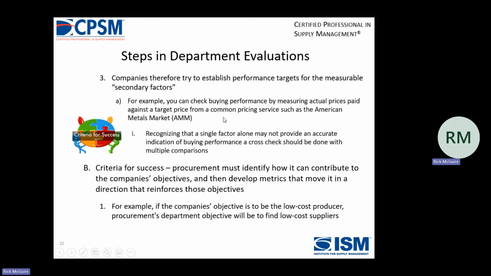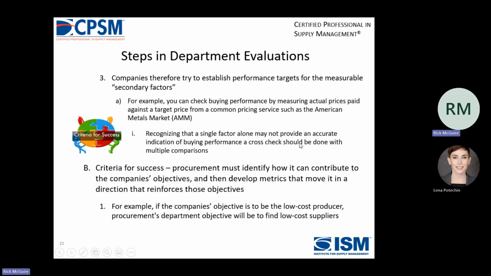For example, you can check buying performance by measuring actual prices paid against the target price for a common pricing service, such as the American Metals Market. And recognizing that a single factor alone may not provide an accurate indication of buying performance, a cross-check should be done with multiple comparisons, although depending on how much time you have.